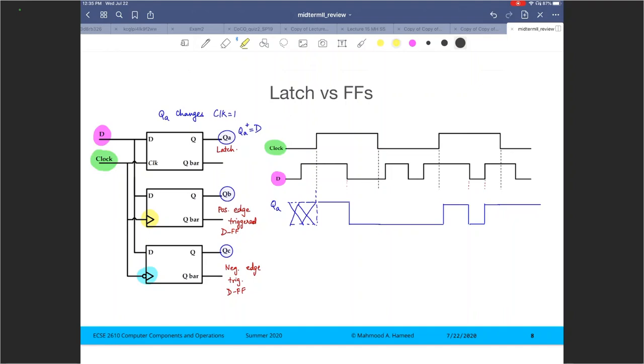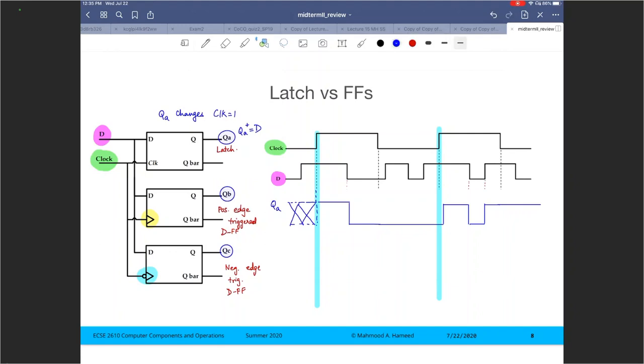So let me sketch those out over here, positive edges, and that's it. I only have 2 positive edges of the clock. That's it, that I've highlighted. So the output QB can only change at those 2 instances. That's all it can do. Apart from that, it is stored.